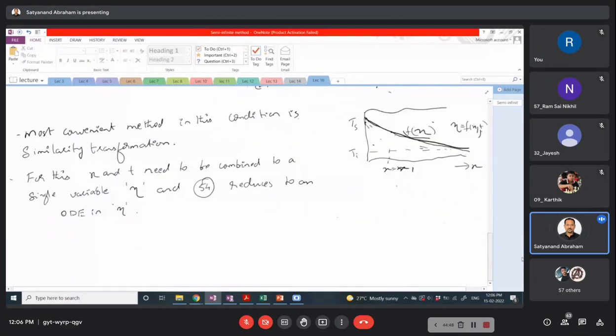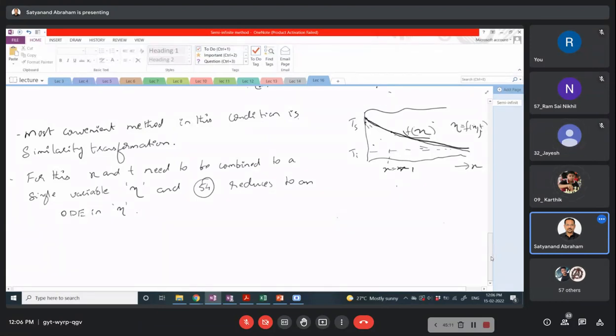Okay, is that clear? Is the similarity, or self-similar, concept clear for you? If not, I can repeat it, no issues. Yes, sir.